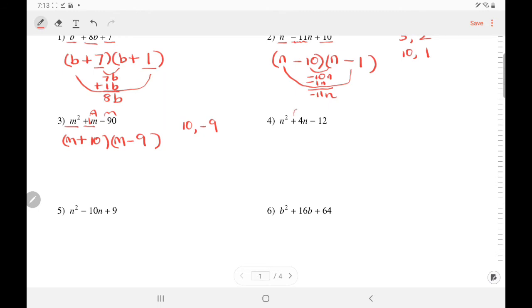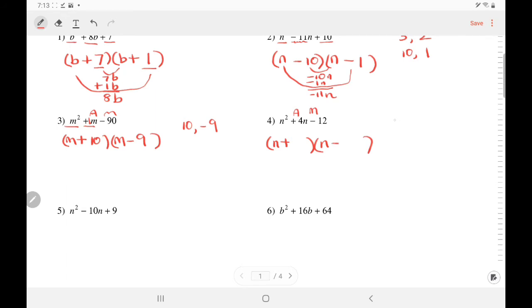Over here, we need to add to be 4, multiply to be negative 12. N times n is n squared. Let's think of some numbers that multiply to be negative 12. Well, to multiply to get a negative number, 1 must be positive and 1 negative.